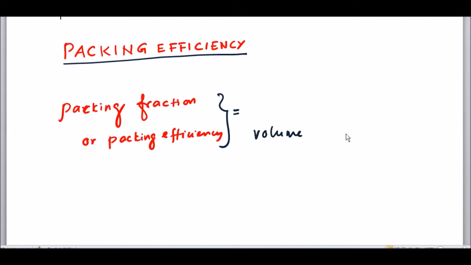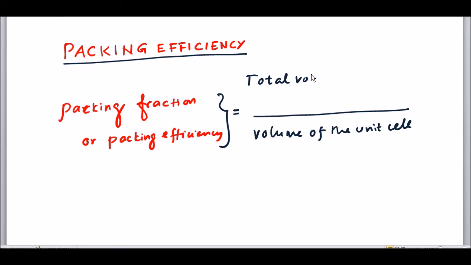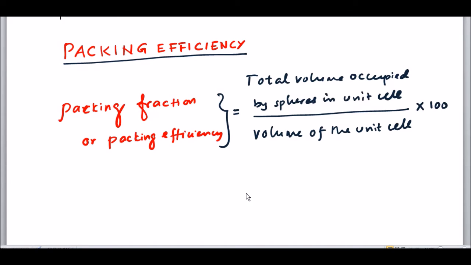In the denominator, we can have the volume of the unit cell, and in the numerator, we should take the total volume which is occupied by spheres in the unit cell. Spheres in the sense the atoms, into 100. So this is the formula.